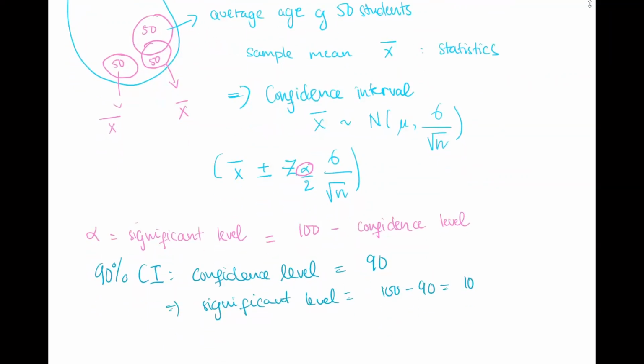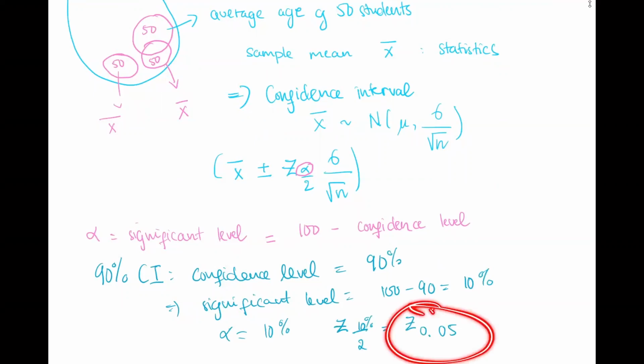So here your alpha is 10. And then your z will be z, let's see, it's a percent, I forgot percent, sorry. So 10% divided by 2, it will be z at 0.05. And what does this number mean?